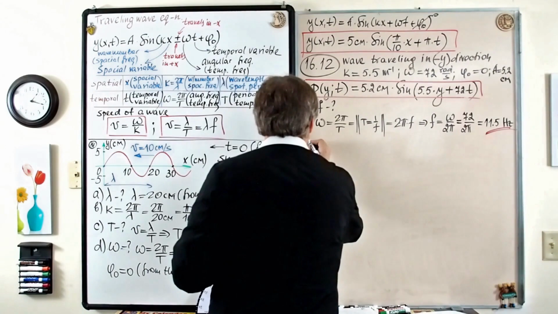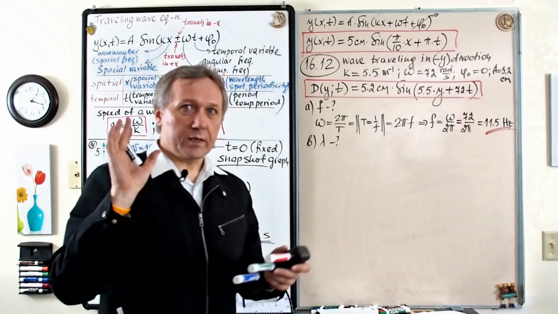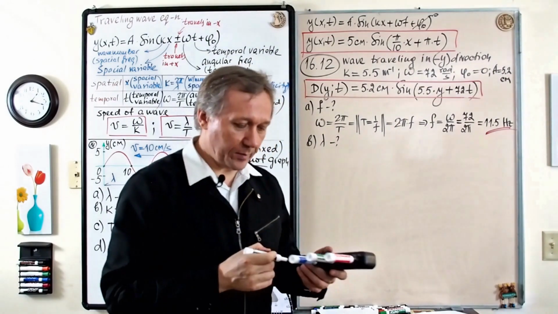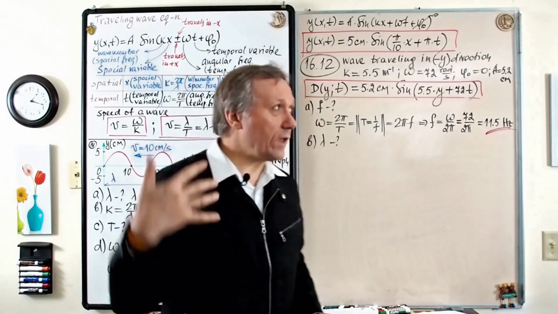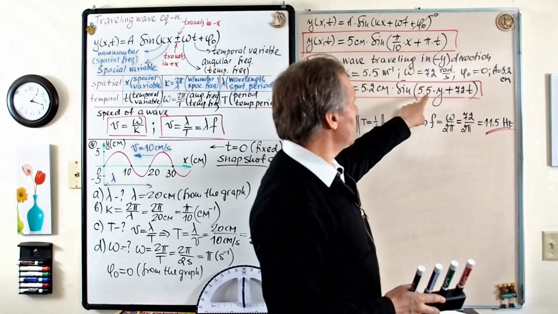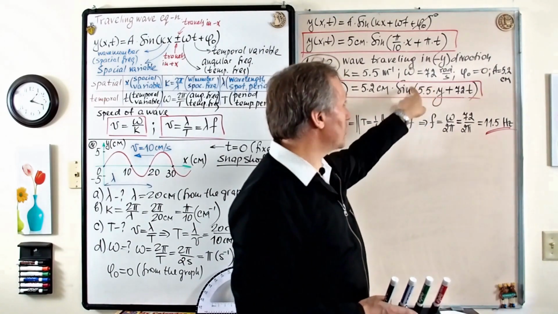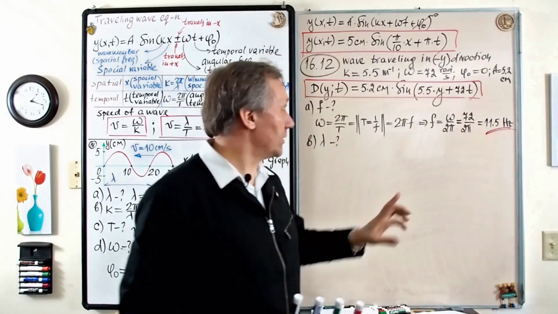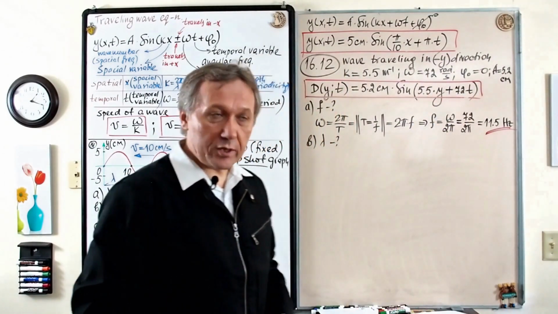Right. Next, part B: wavelength. Let's find the wavelength. Wavelength is a spatial parameter. It's the spatial periodicity, the length over which the wave reproduces itself, right? So we should be able to find lambda from K, because that's where all the spatial information is. Here we have temporal information about the wave, and here we have spatial information.